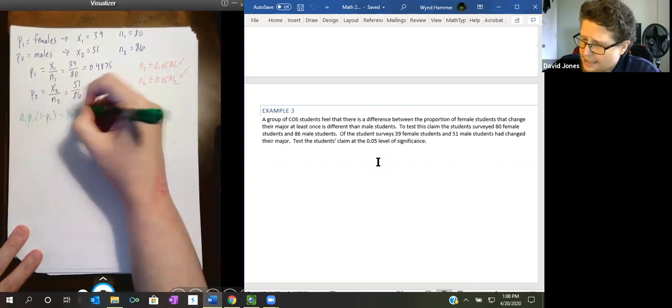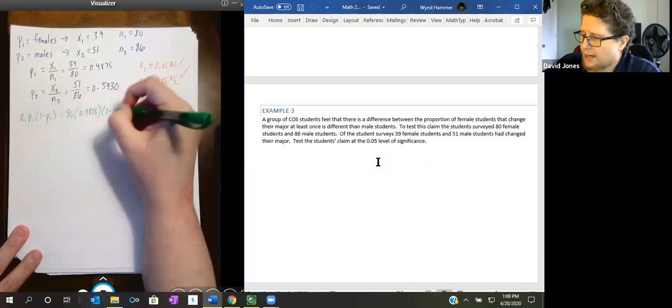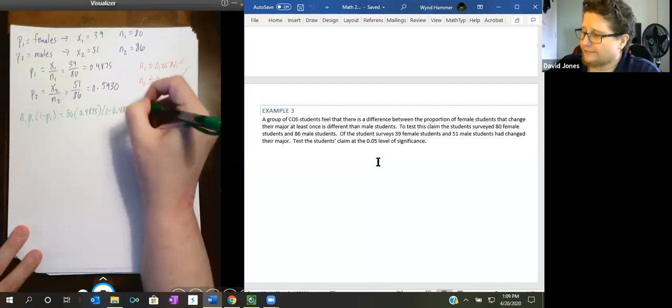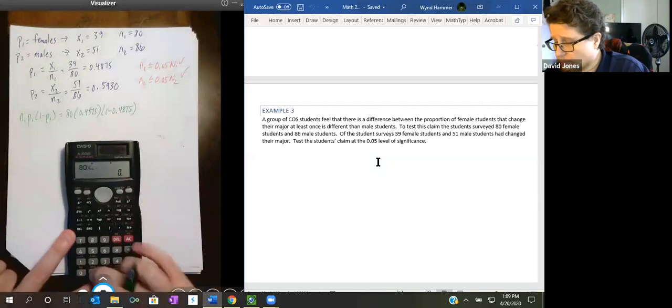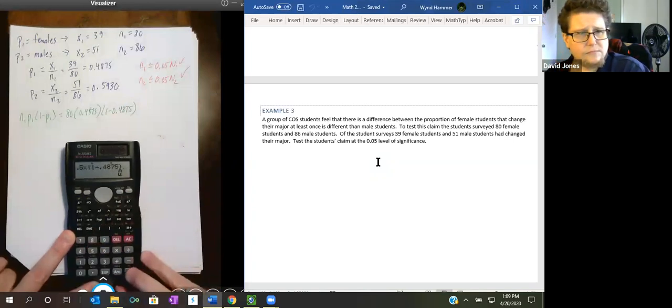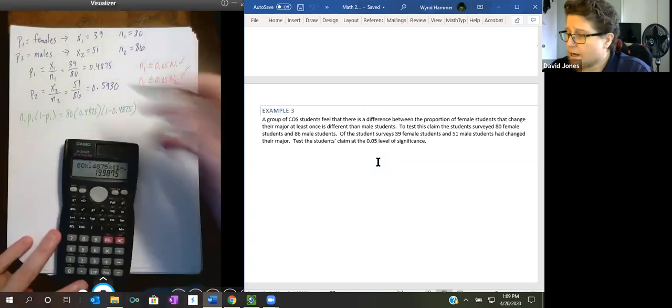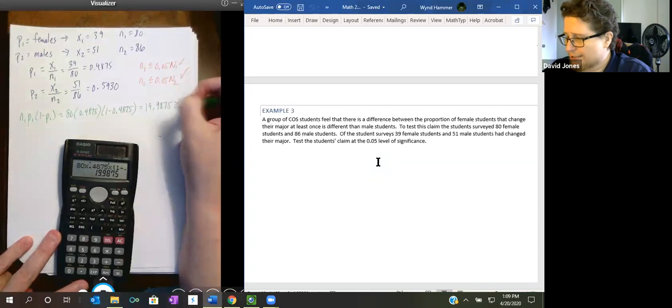We've got 80 times 0.4875 times 1 minus 0.4875. 19.9875 is greater than or equal to 10.